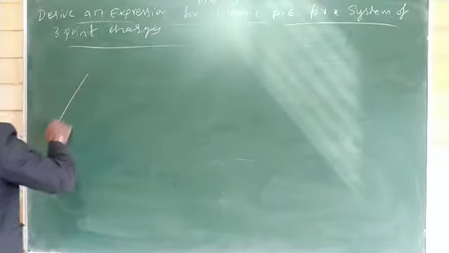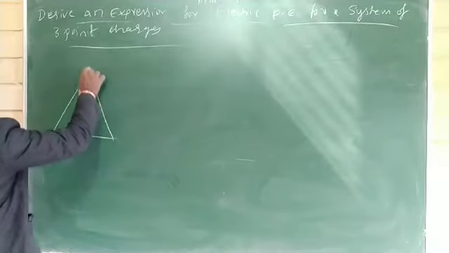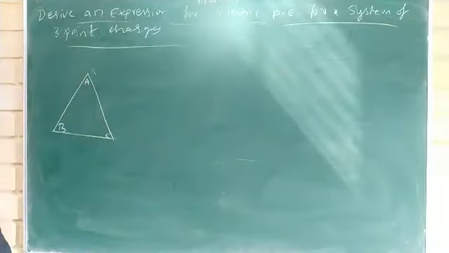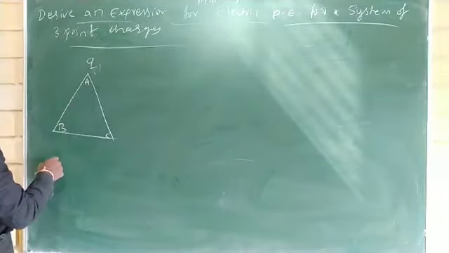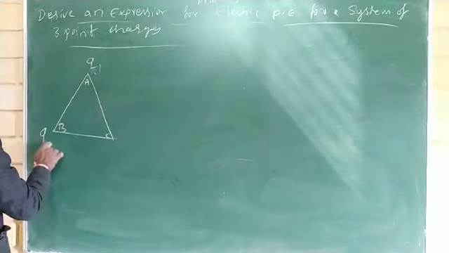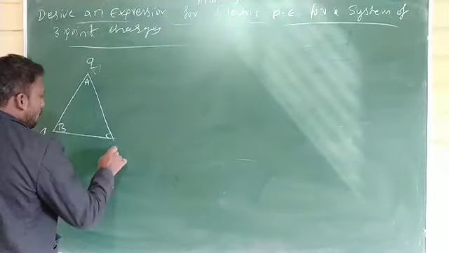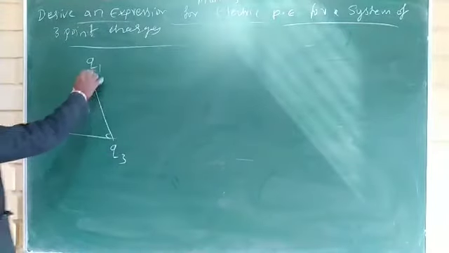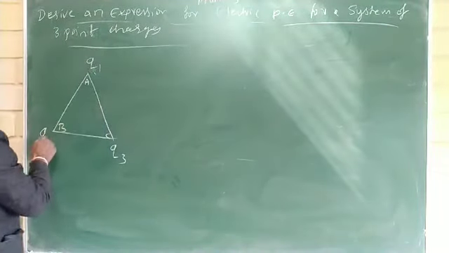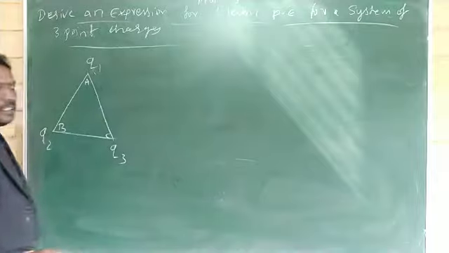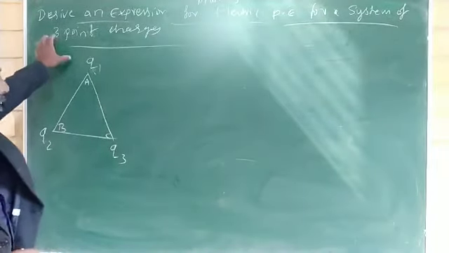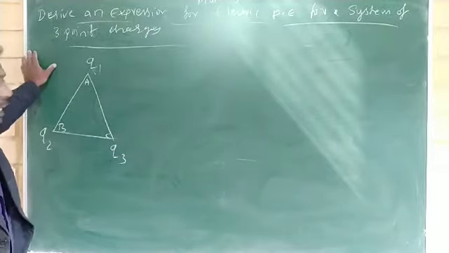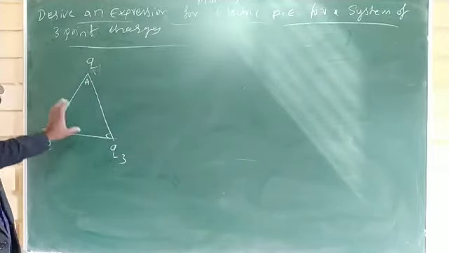For example, a figure like this: point A, point B, point C. Q1 charge is placed at point A, Q2 charge is placed at point B, Q3 charge is placed at point C. Initially, the Q1, Q2 and Q3 charges are all at infinity.